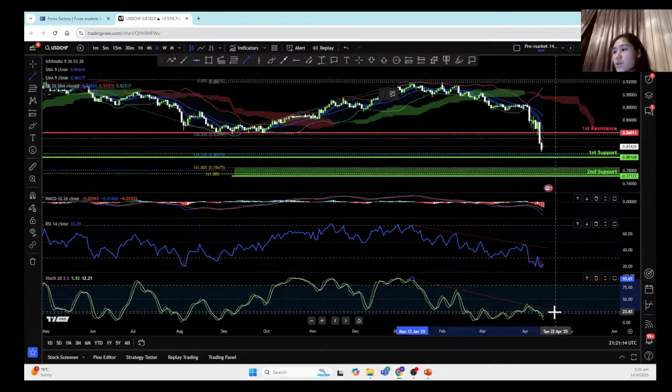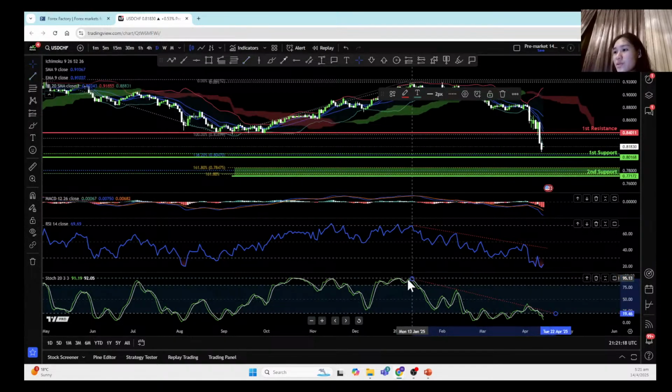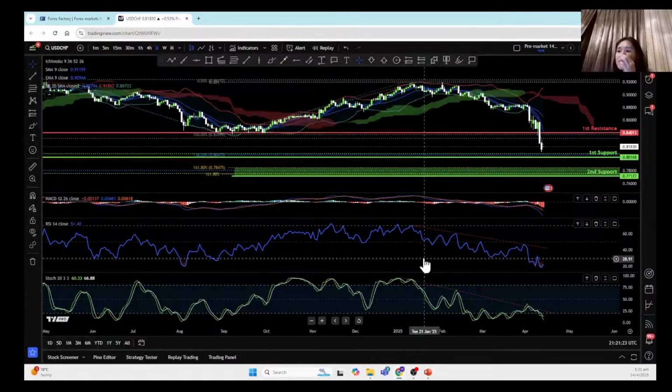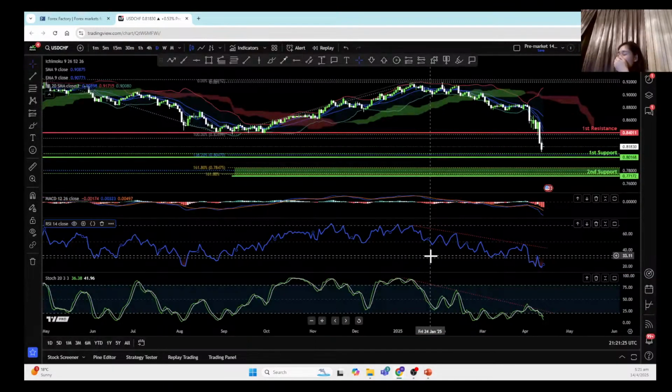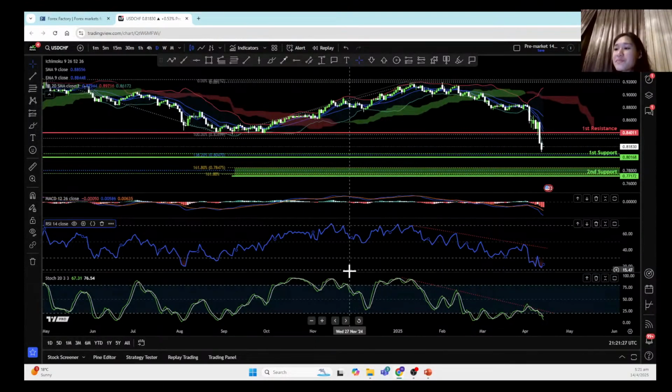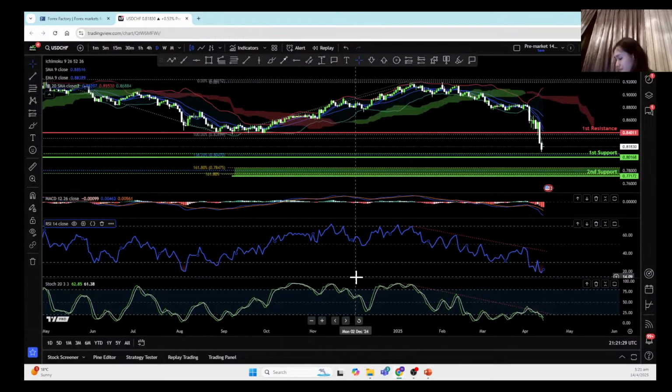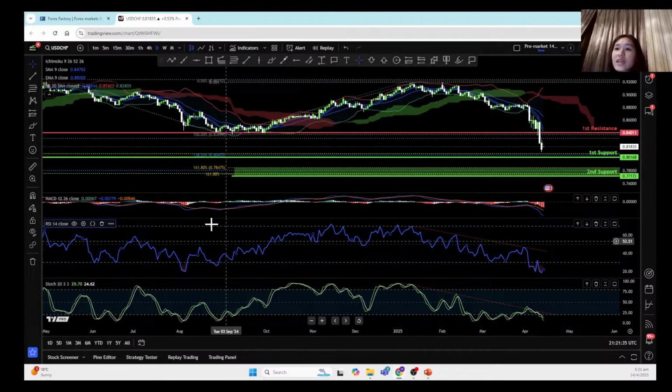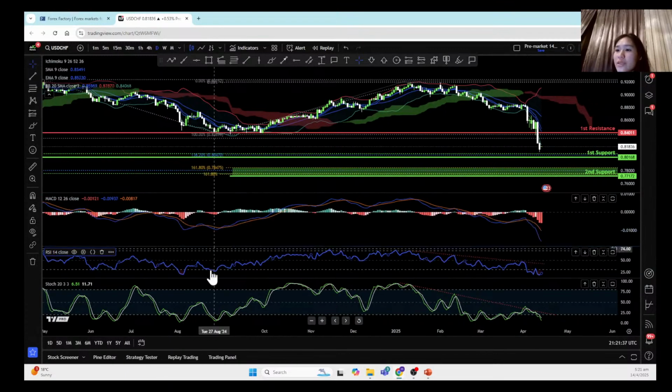Okay, stochastic is also moving in a descending trend line here. So that also is giving us a bearish signal, so they both support our analysis.